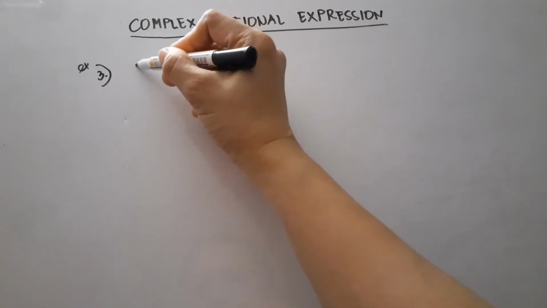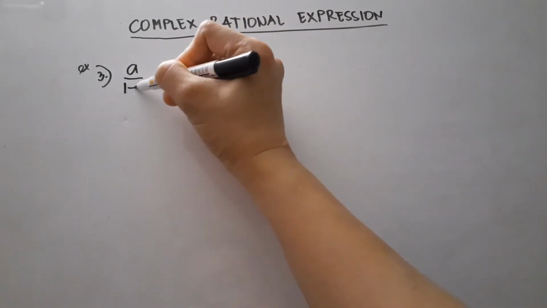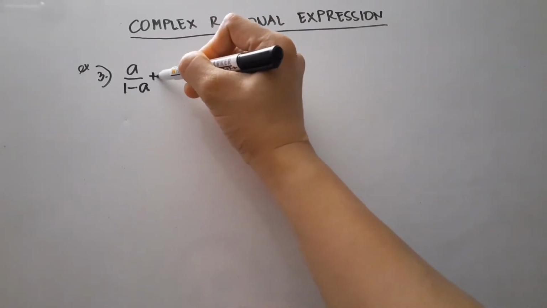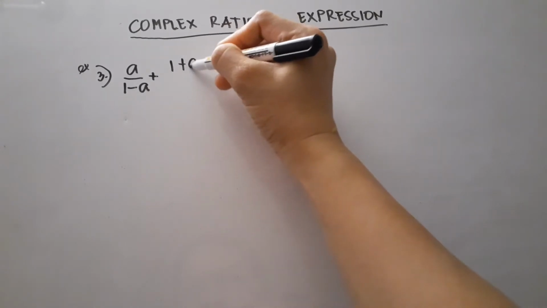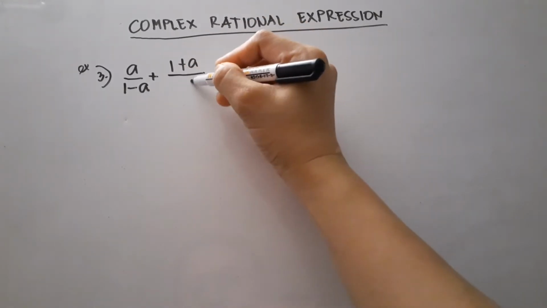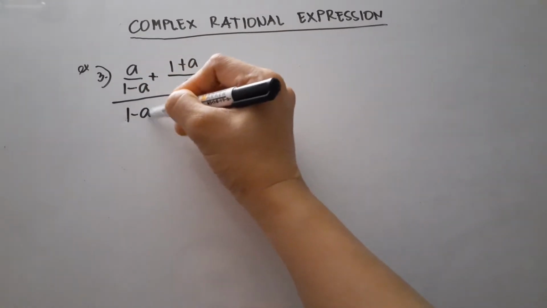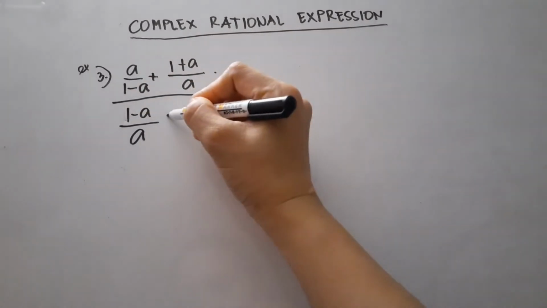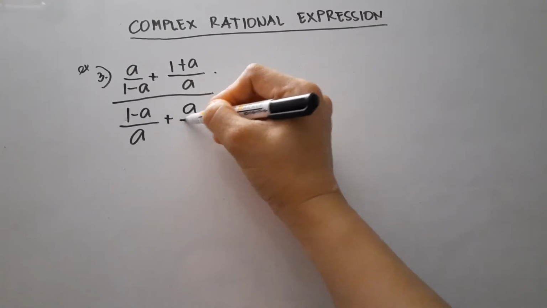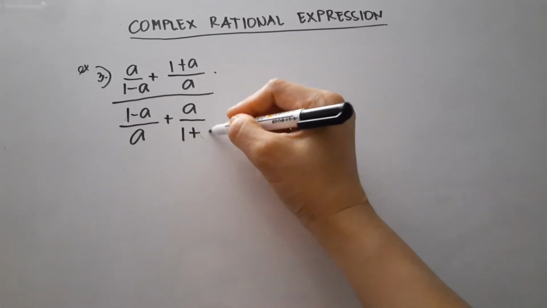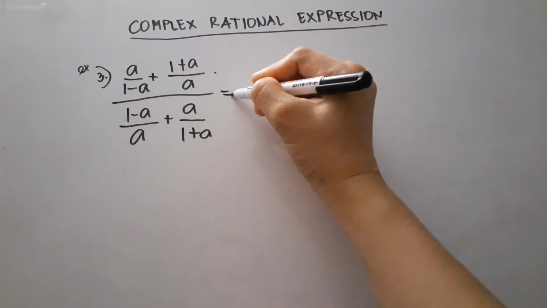Then let's have a look at our example number 3. We have (a/(1 − a) + (1 + a)) over ((1 − a)/a + (1 + a)).